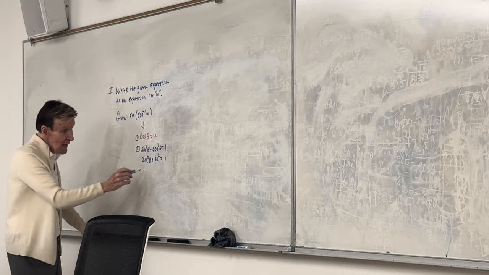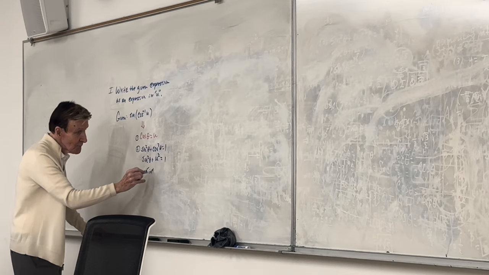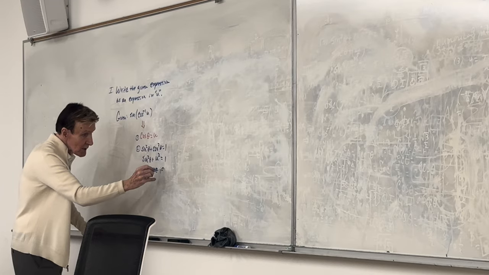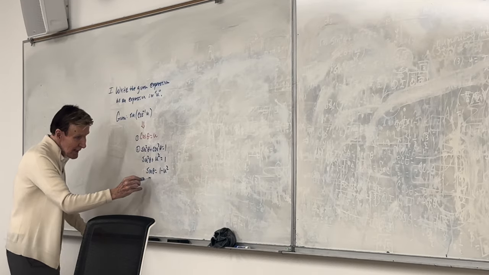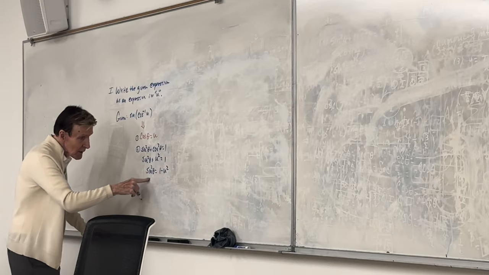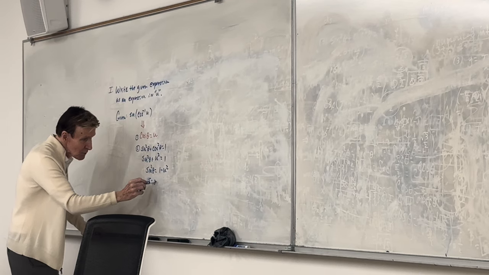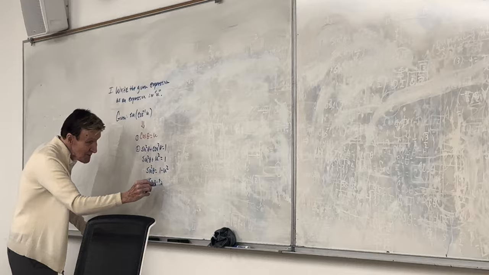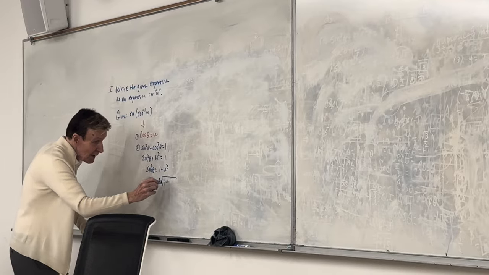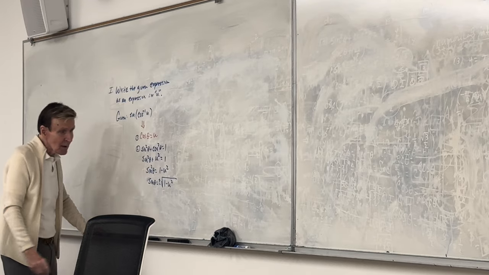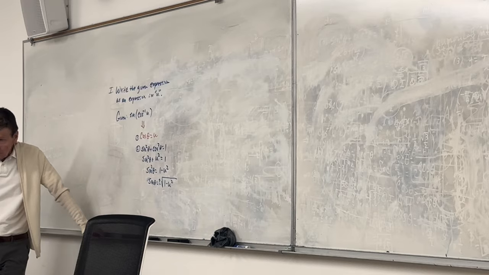If I want to solve for sine, I got sine squared theta. Let's move that U squared over. Now when I take a square root of sine squared, I'm going to end up with sine theta equal to plus or minus, because I don't know where I am, the square root of 1 minus U squared.